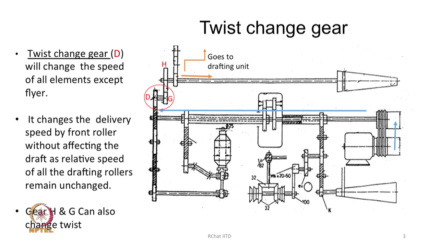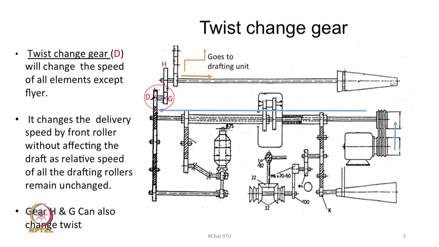So, theoretically actually gear D, H and G all can work as a twist wheel, but because the wheel D is visible from outside, we generally use gear D as a twist change gear.